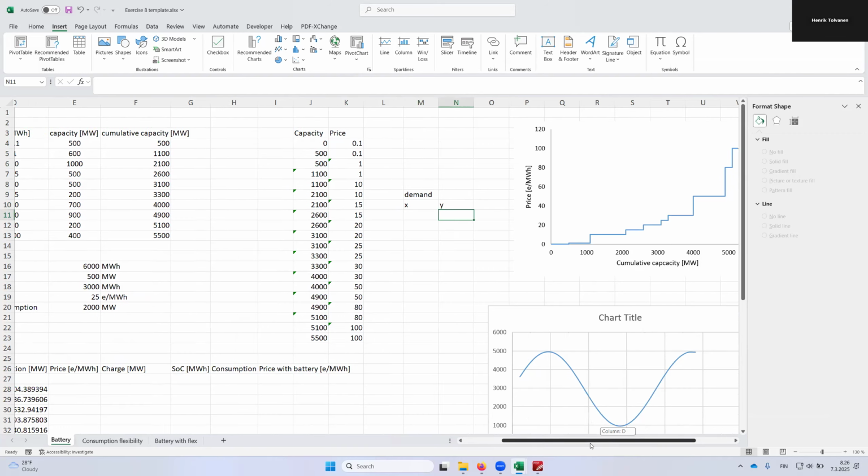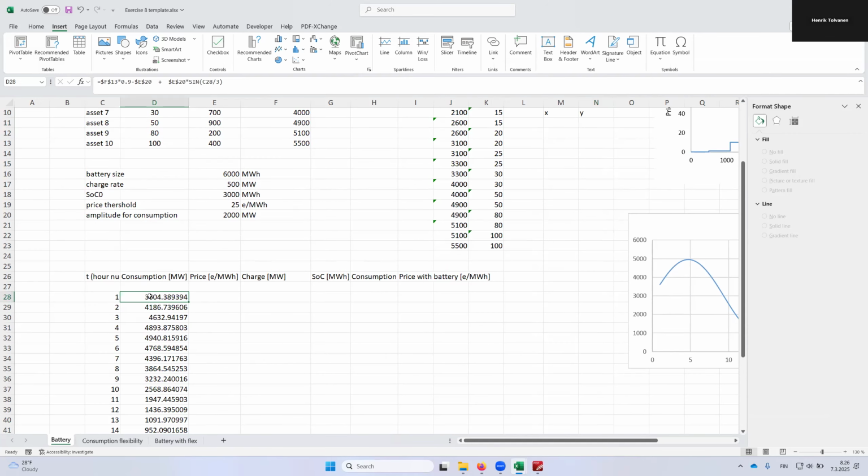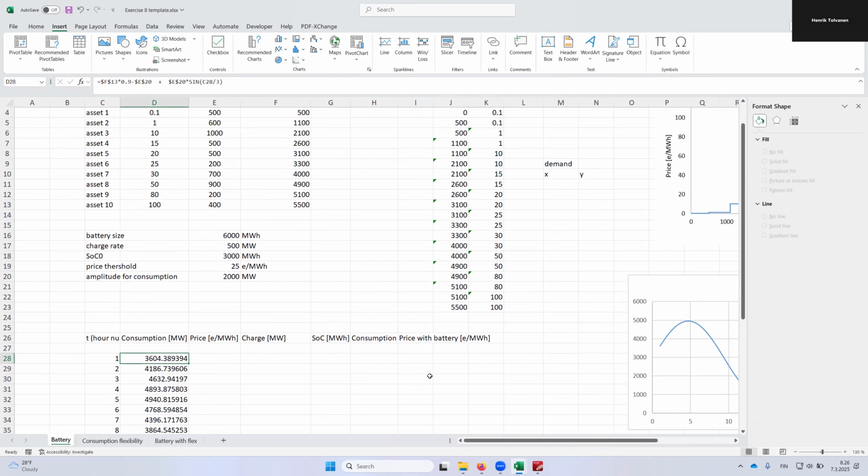If we have an inelastic demand, so all of the consumption is willing to pay the same price, then X in here is going to be consumption, and the next one as well. And the price, so the Y value, is going to be 0, and then let's put the other to be the maximum of this system price.